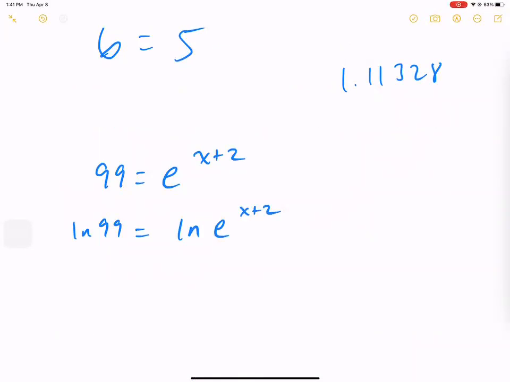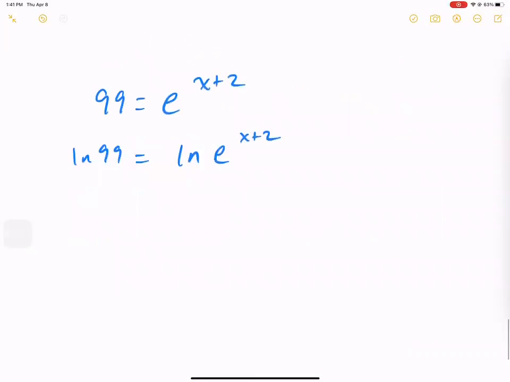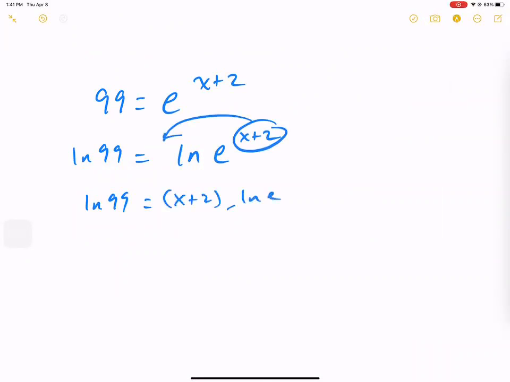Instead of using a common log, you can use any log you want to save time. So natural log of 99 is equal to, in this case, the exponent goes to the front, right? x plus 2, and the natural log and e cancel out, which is what you want to realize. Natural log of 99 minus 2 is equal to x. So that's your answer from your calculator.